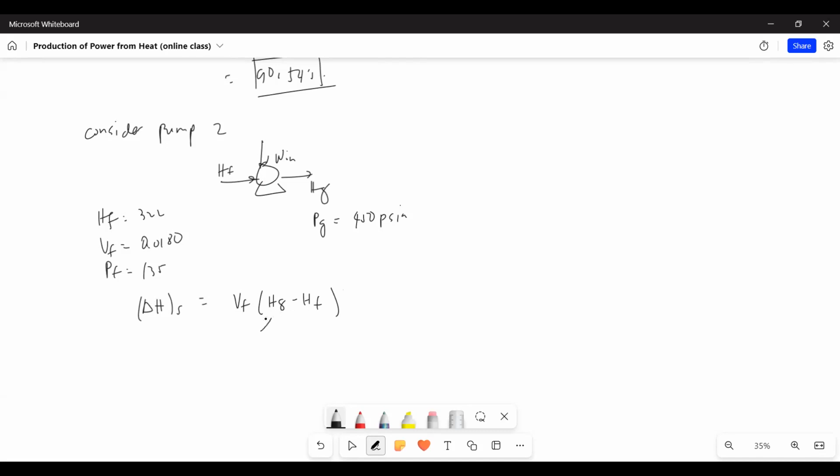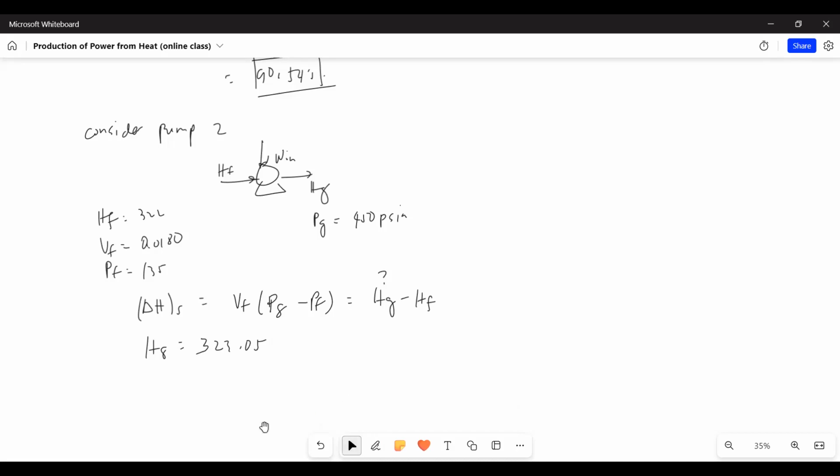The unknown there is HG. So we already have VF and HF. Oops, mistake, this is PG, V delta P, PG minus PF, and this is equal to HG minus HF, outlet minus inlet. These are known values, and this is the unknown. Plugging everything into the equation and doing dimensional analysis, I'll leave that to you. HG is 323.05 BTU per pound.